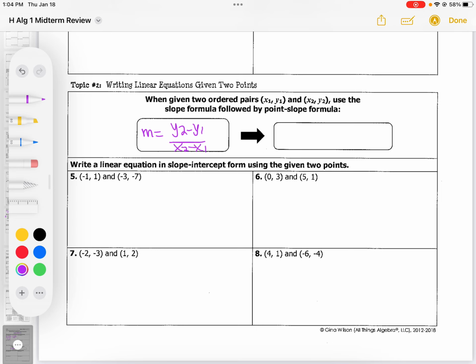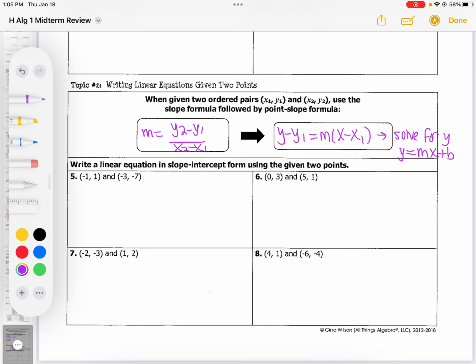Once you find your slope, you can either put it right into slope-intercept form if you would prefer to just use a point and solve for b, or you can take that slope, use point slope form, which is y minus y1 equals m times x minus x1, and then you can solve that equation for y, and you would get your final answer in slope-intercept form.